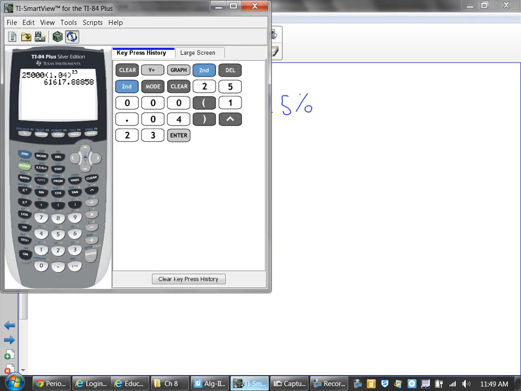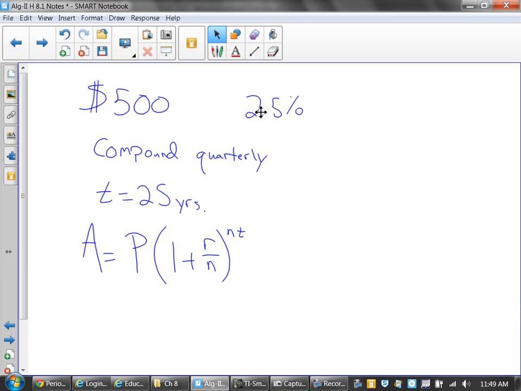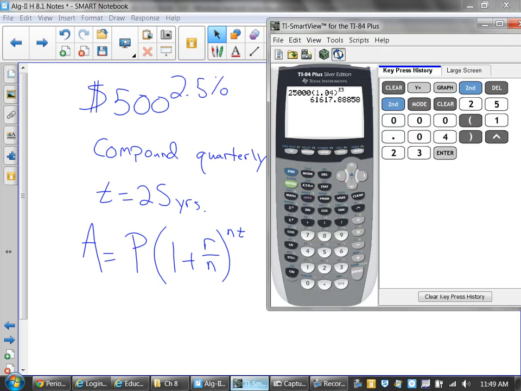So let's see. Let me move this over a little bit. What's my value of P? What's my principal? 500, so I start with that, 500. Open a parentheses, 1 plus, I'm going to create a fraction again. Remember, alpha y equals.